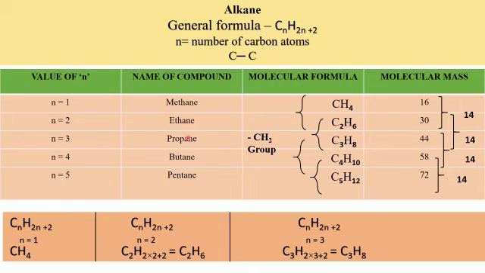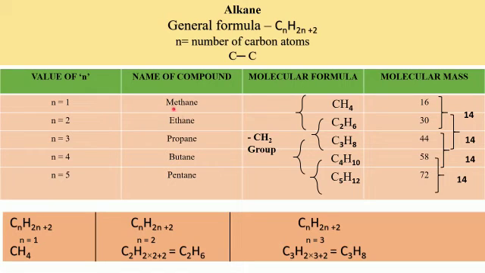Physical properties may differ, like for example, first 4 members are gaseous in state. As you go on increasing the value of n, that is as the number of carbon atoms go on increasing, we find that the intermediate members are liquids and higher members, those with larger number of carbon atoms, are solids. So this is one homologous series of alkanes.